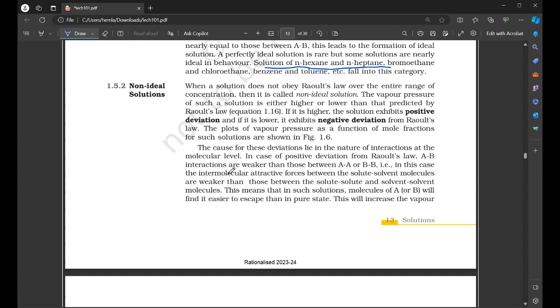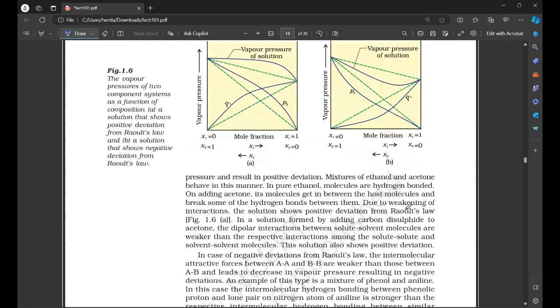Thus, in this case, the intermolecular attractive forces between solute and solvent molecules are weaker than those between the solute and solute, or solvent and solvent molecules. This means that in such solutions, molecules A or B will escape more easily than from the pure state. This will increase the vapor pressure and result in positive deviation. Mixtures of ethanol and acetone behave in this manner.